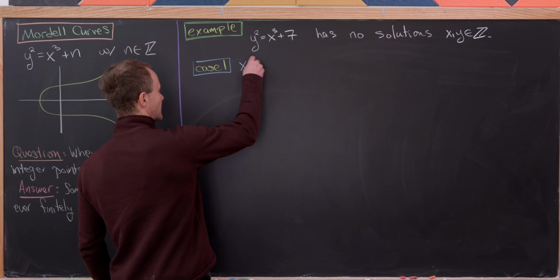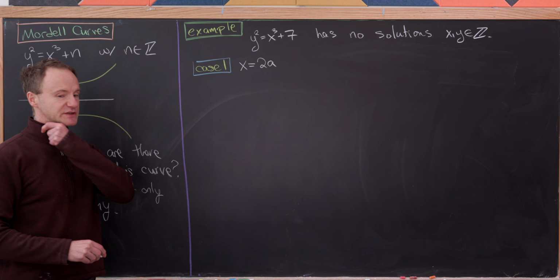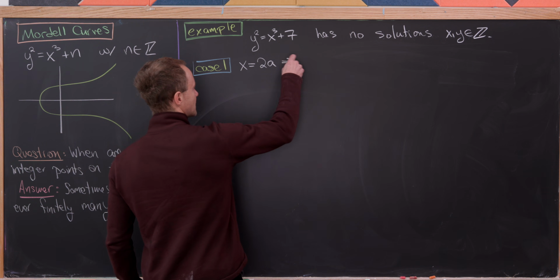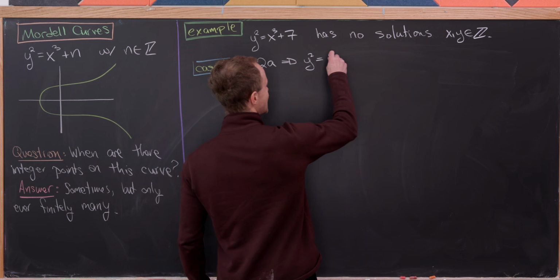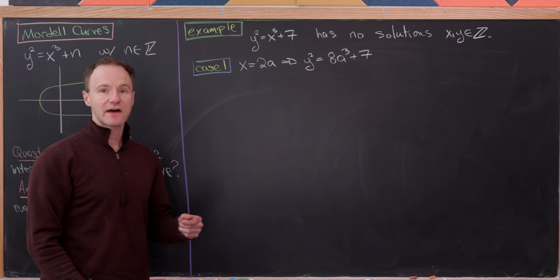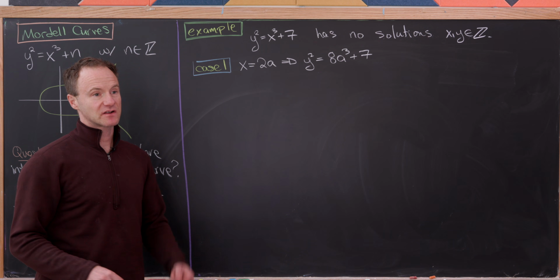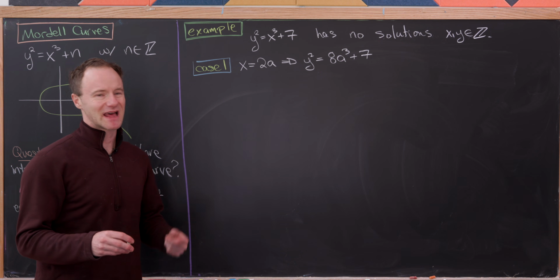Okay, so our first case will be the case when x is even. So that means we can write x as 2 times a. But observe, that tells us that y squared is equal to 8 times a cubed plus 7. Now the trick that we use now is to reduce mod 4, and this is a fairly standard trick whenever you're showing that something doesn't have a solution.